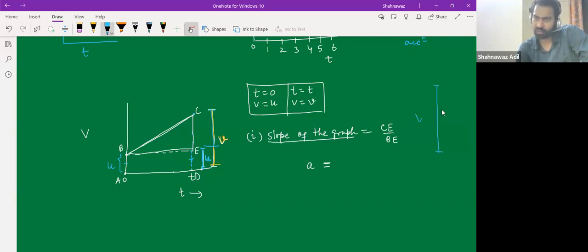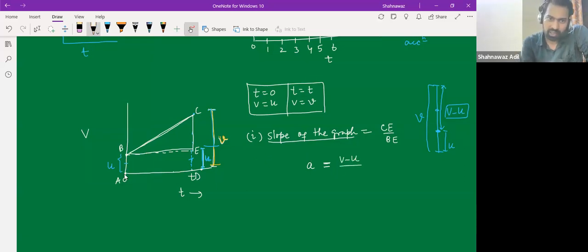This is V, right? And this much is U. Total is V, so this would be V minus U. Is that clear, guys? Yes, sir. So this would be V minus U.